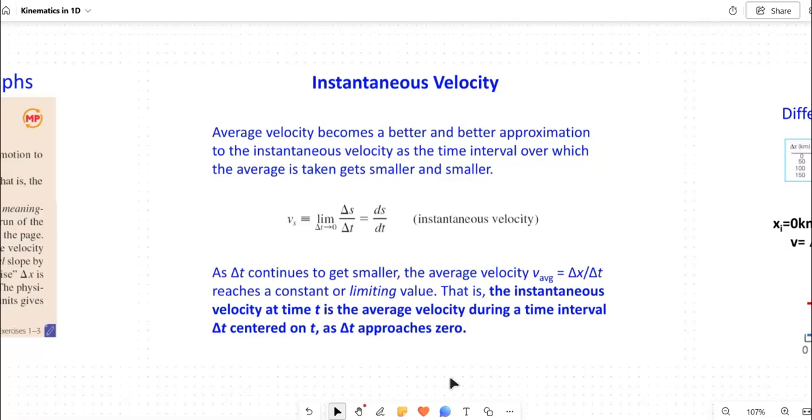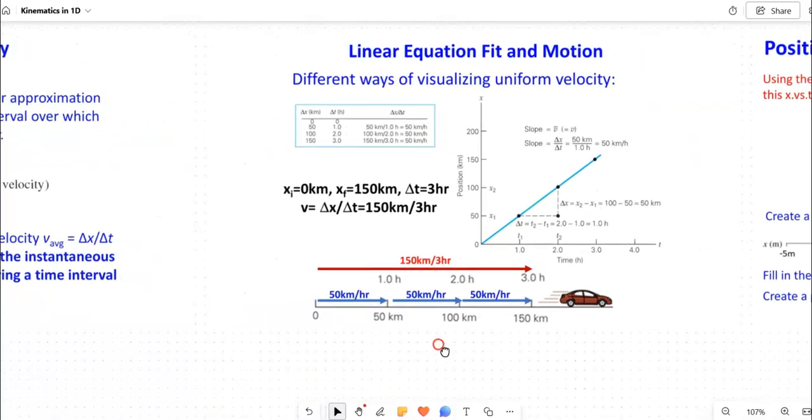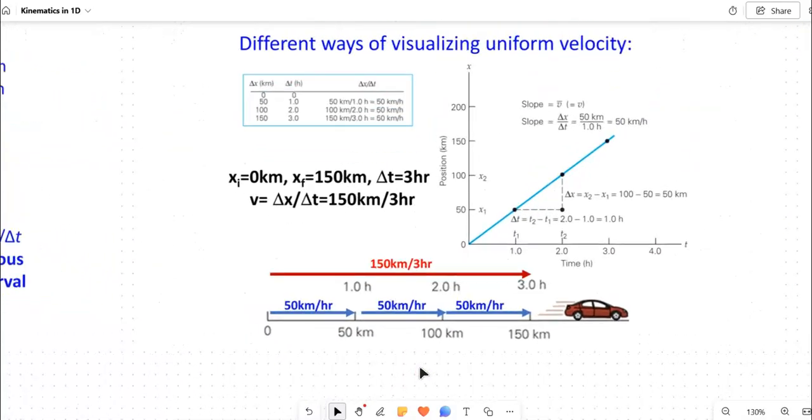But since these are going to be straight lines, it's going to be kind of hard to distinguish them, but I will try to point them out: what the instantaneous velocities are at 1 second, 2 seconds, 3 seconds, 4 seconds, and so on. So here is basically what we're going to do.